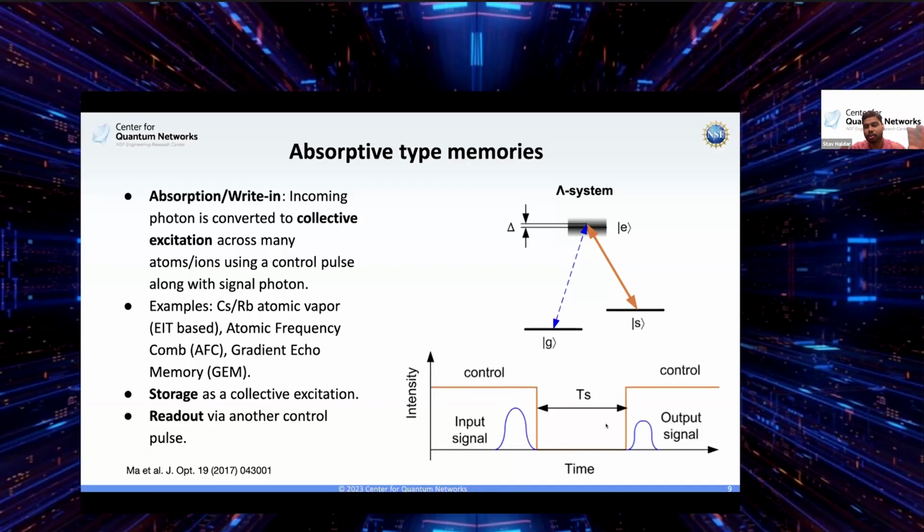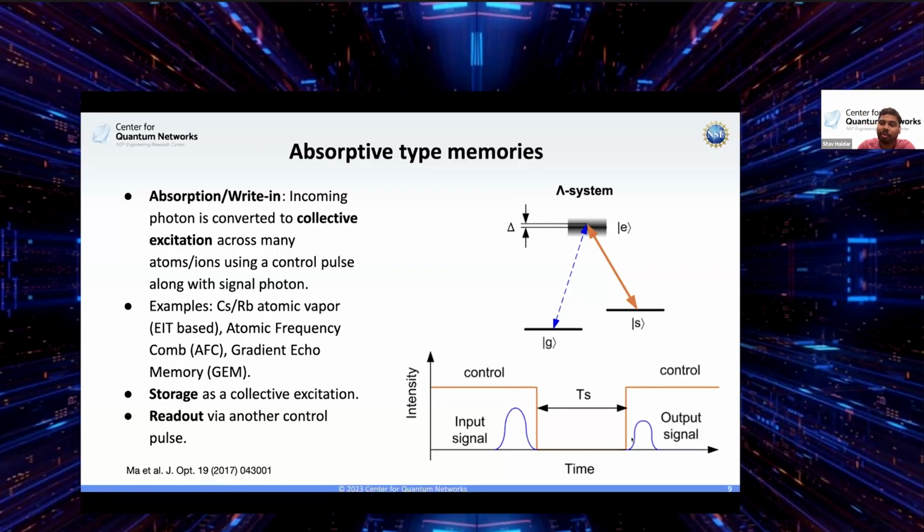It takes in the input signal, stores it for a while, and then if you send another control pulse, you can bring out the photon. The atomic excitation converts back to the photon and it comes out, right? So the quantum information can both be caught inside the atom, and then on demand you can also take it out. And that is essential.